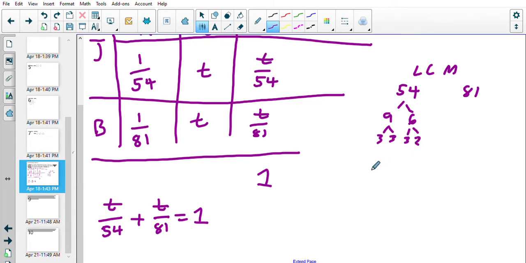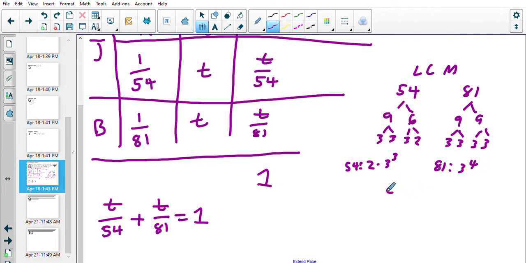So 54 is really 2 times 3 cubed. That's the prime factorization of 54. And 81, if we break it down, 9 times 9, that's going to give us 3 times 3 times 3 times 3. So we know that 81 is 3 to the 4th power.